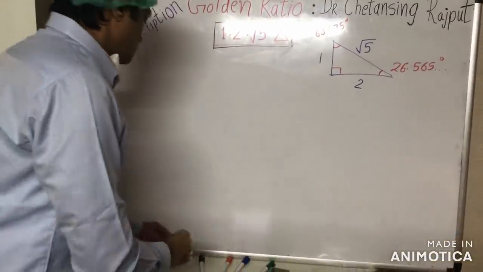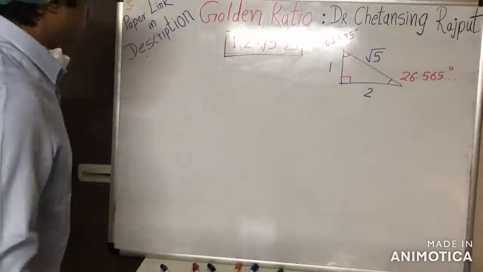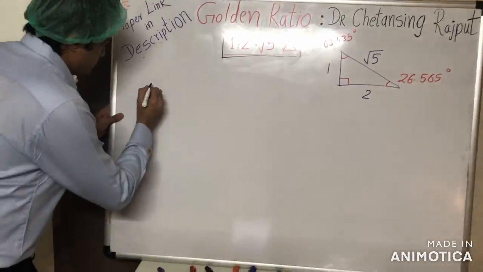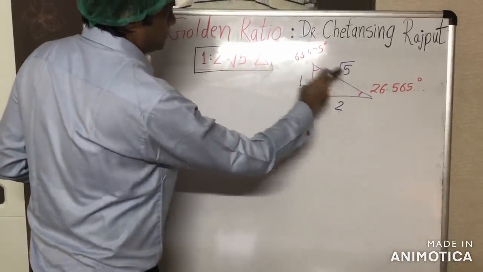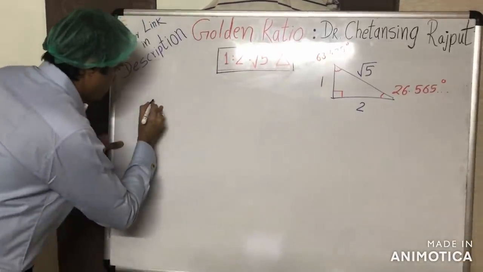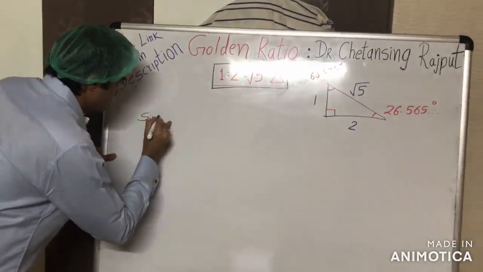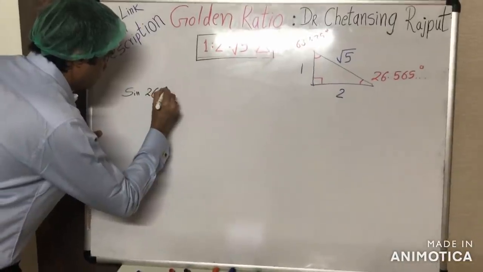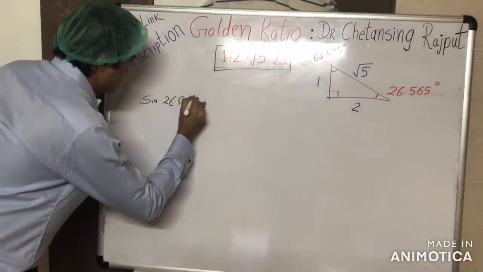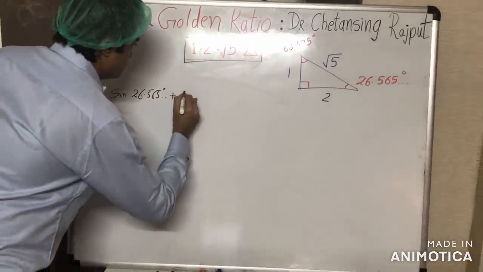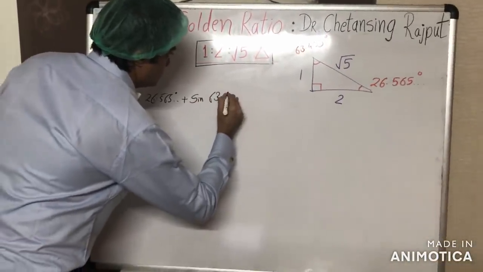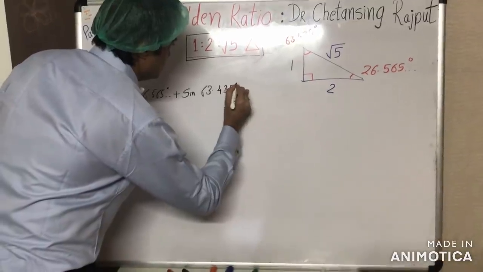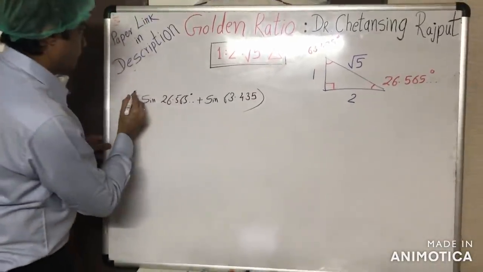Now see one interesting thing. If we write an equation like this: sine of this angle plus sine of this angle, sine 26.565 and so on degrees plus sine 63.435 degrees, in brackets.